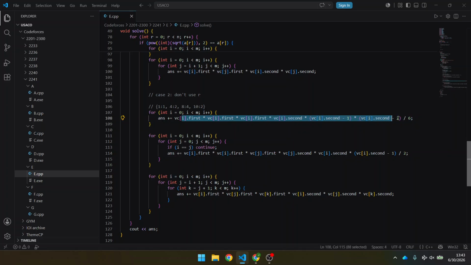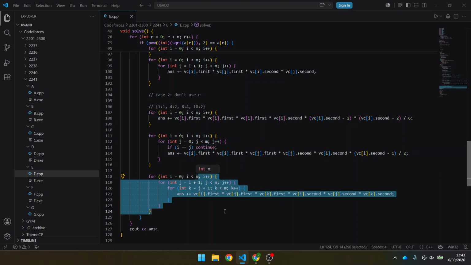These are not very important. They're more just combinatorics. If you know combinatorics, this would go easy for you. And then final one is one, one, one, one, and so on. So this time complexity is m to the third power.